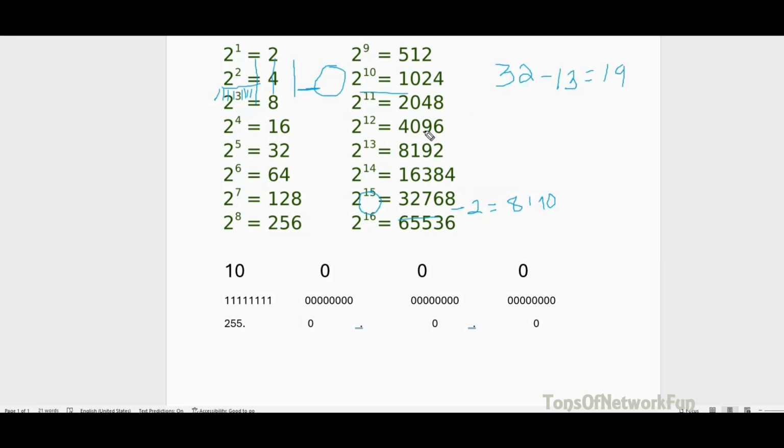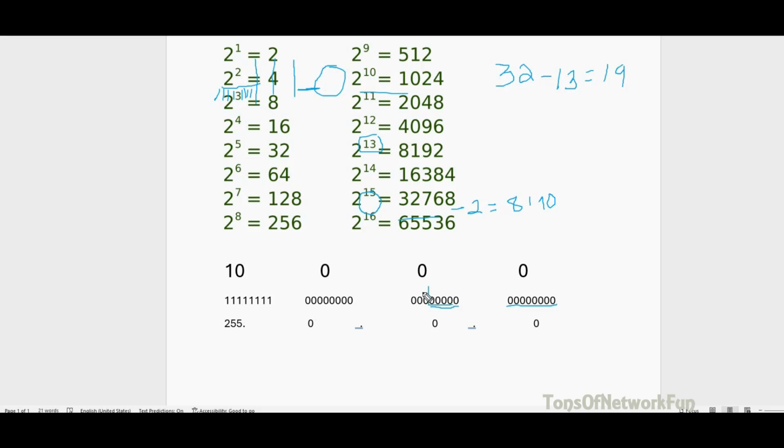We already figured out the new slash value, 19, and 13 means we are keeping 13 host bits. We always start from the right. So this entire 8 bits we are keeping, then here 9, 10, 11, 12, 13. This much we are keeping.